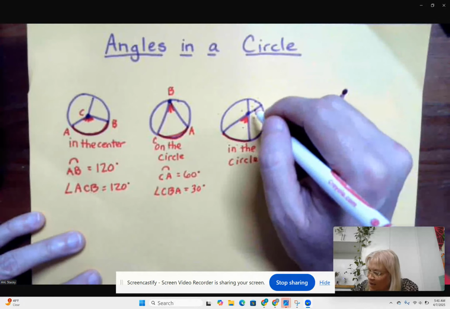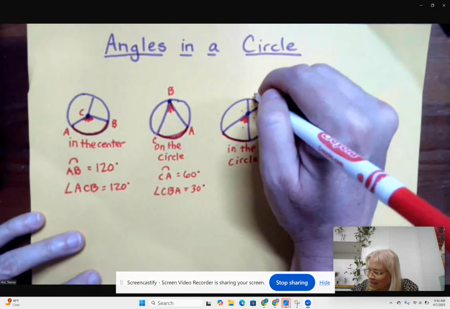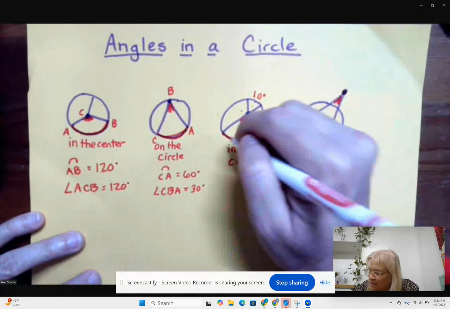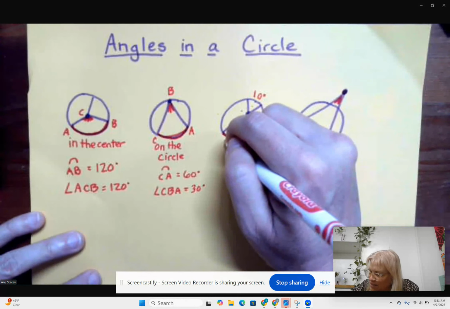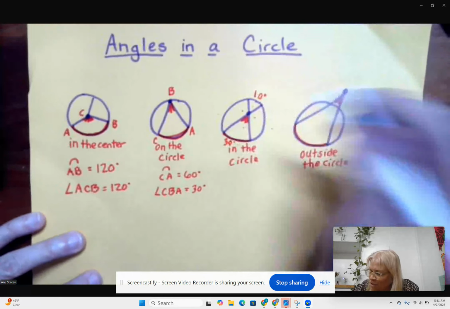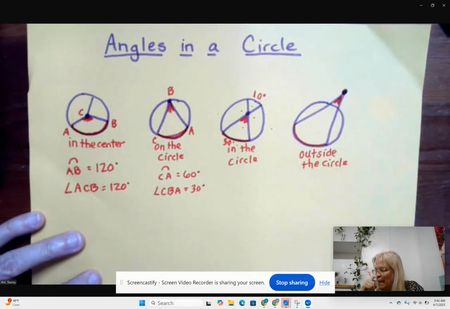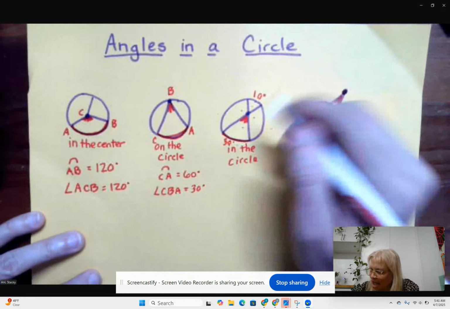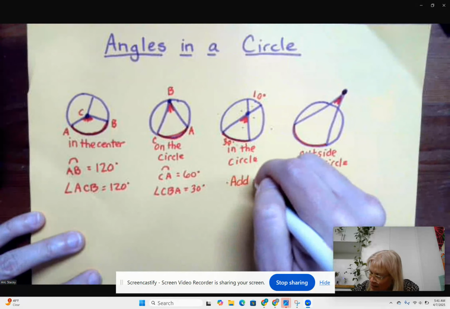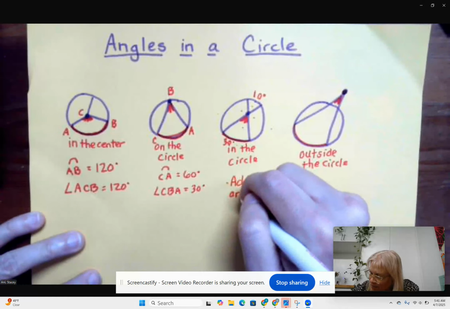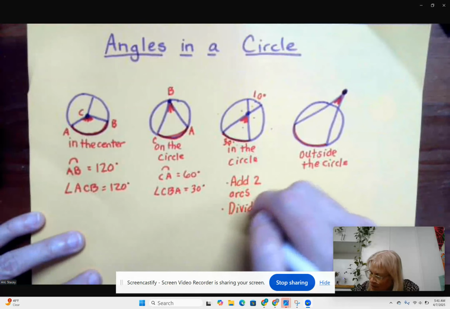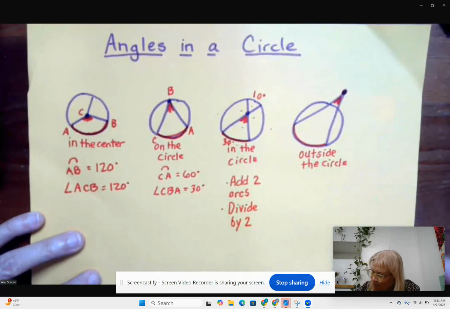So in this scenario, they will tell you, for example, maybe this arc is 10 degrees and this arc is 30 degrees, and then they want you to find the measure of the angle. The way that this works is you add the 2 arcs together. I'll put some little notes. Add 2 arcs, and then you divide by 2.